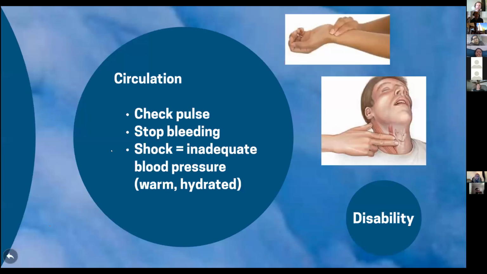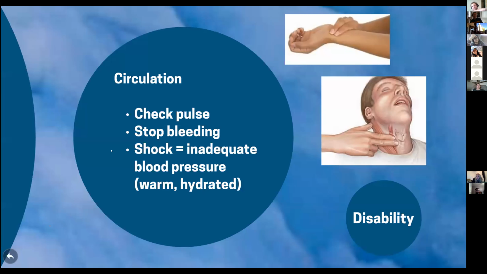So what does shock look like? Somebody's going to have an increasing heart rate and respiratory rate. They'll have a dropping blood pressure, a dropping level of responsiveness, and their skin's going to be pale, cool, and clammy. Blood is warm and reddish, so I have good flow of blood right now.